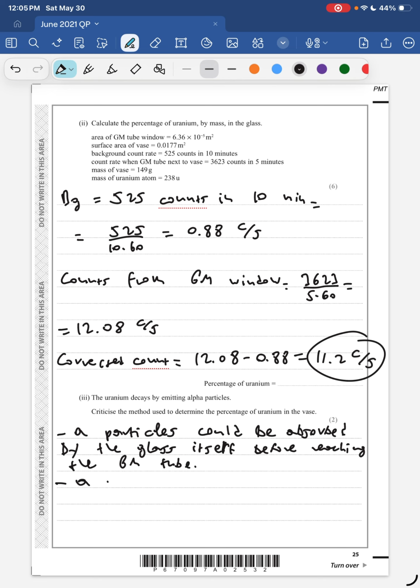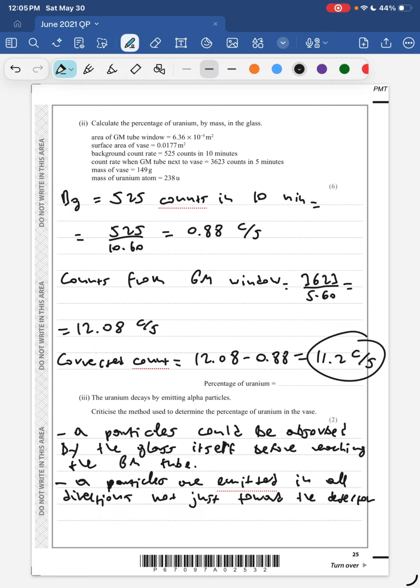Then alpha particles are emitted in all directions, not just toward the detector, so only a fraction is counted.